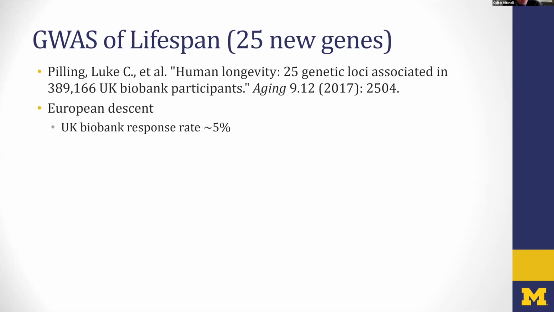UK Biobank is not necessarily generalizable. It has a very large sample size, but it had a response rate of 5%. So they were caring more about getting people in than necessarily recruiting only the 500,000 that they tried to get, for example.